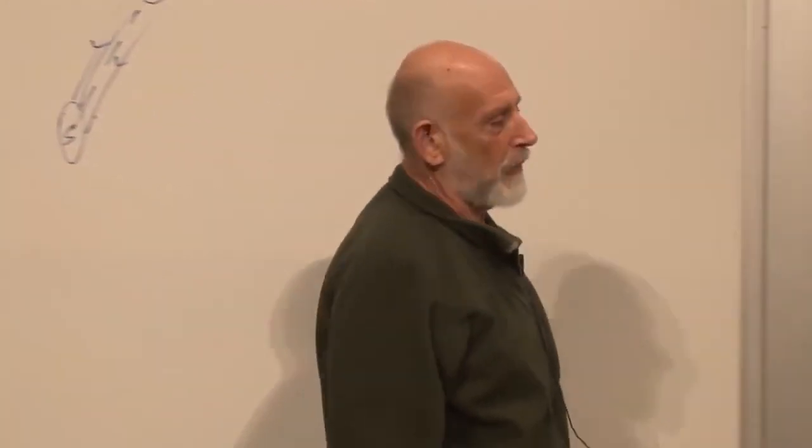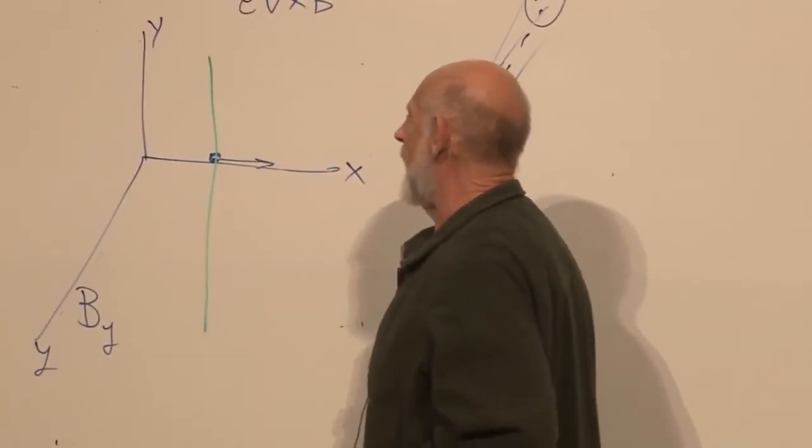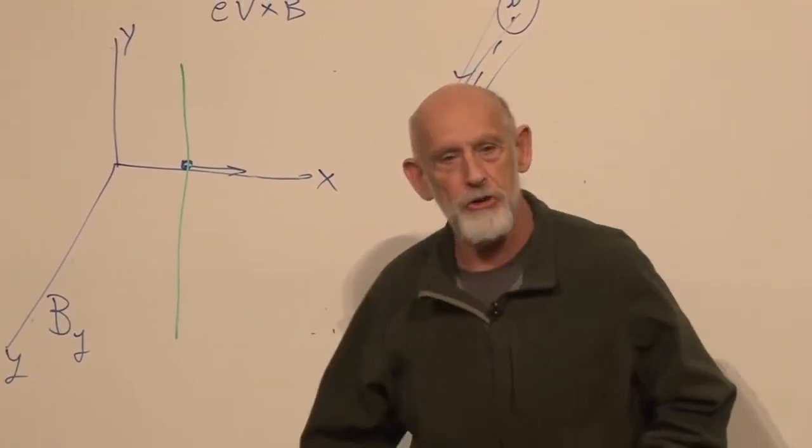So what Einstein said is, look, the phenomenon is the same: a vertical force. But we have two totally different descriptions. In one description, the magnetic field exerts a force on a moving charge, and in the other, the moving magnet creates an electric field, and the electric field exerts the force on the charged particle. His attitude was, these must be the same effect.